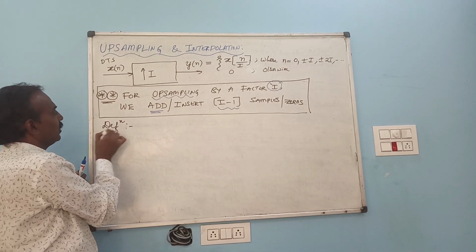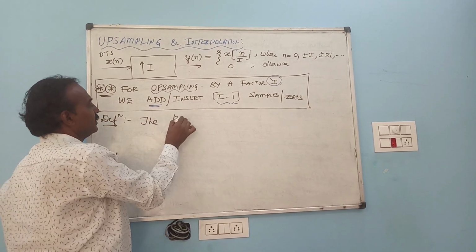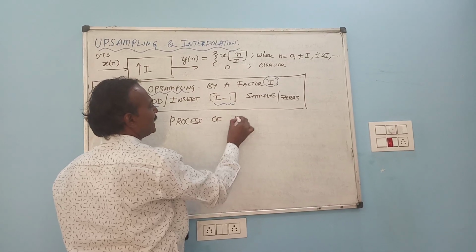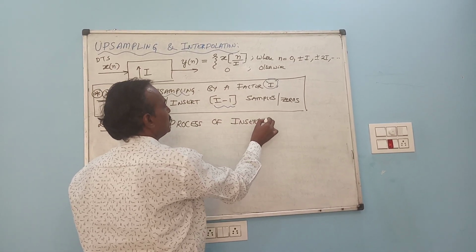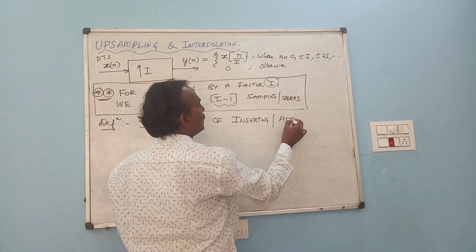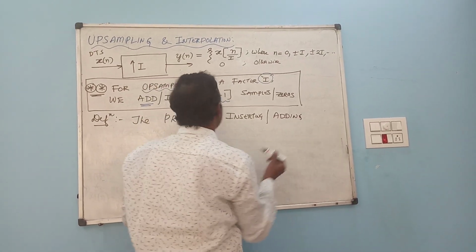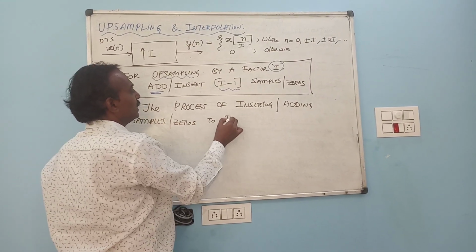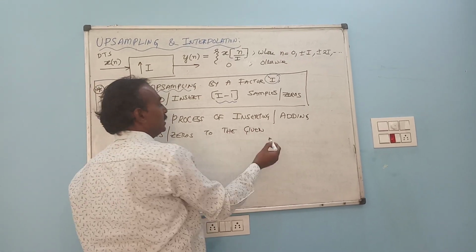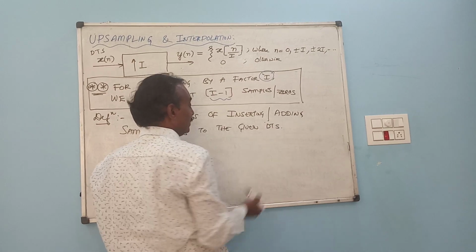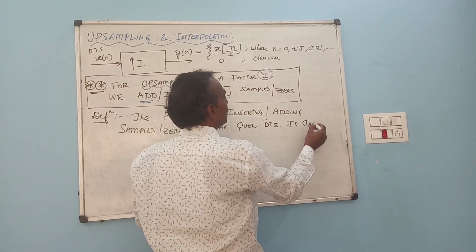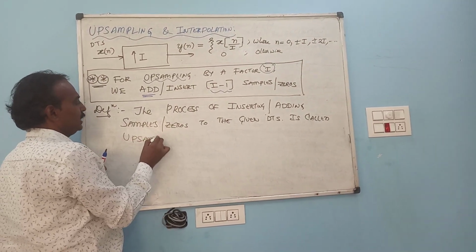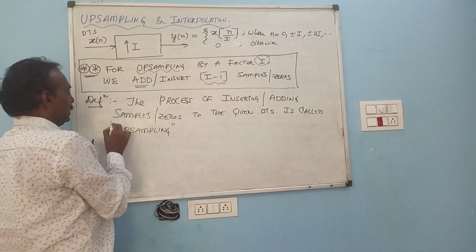The process of inserting or adding samples, or I can say zeros, to the given discrete time signal is called upsampling. This process is called upsampling.